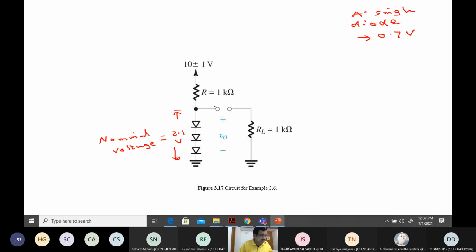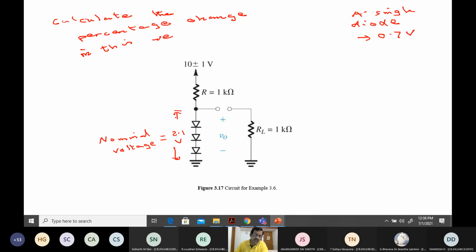The question is, let me read the question: calculate the percentage change in this regulated voltage. Obviously, for my load device across the diodes, I need to get close to 2.1 volt.